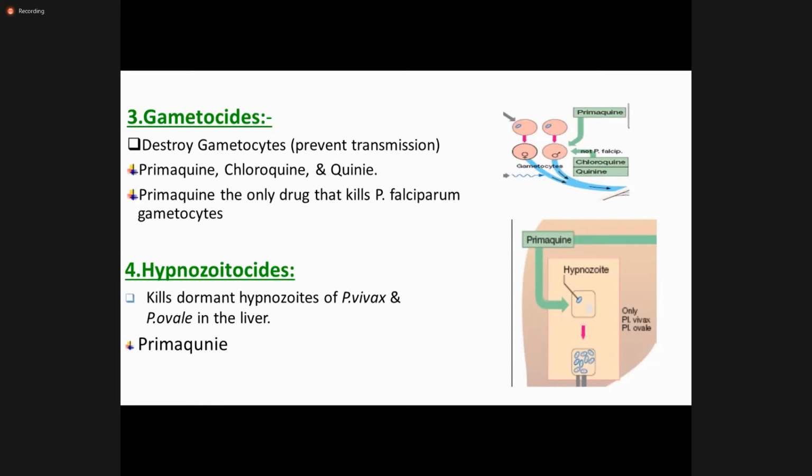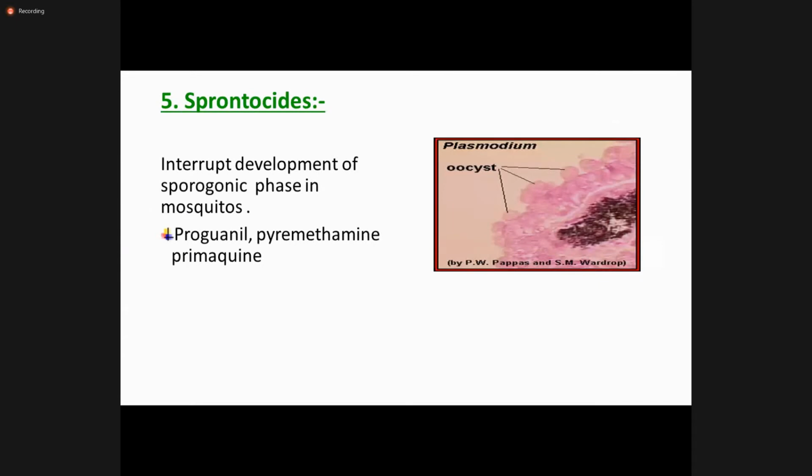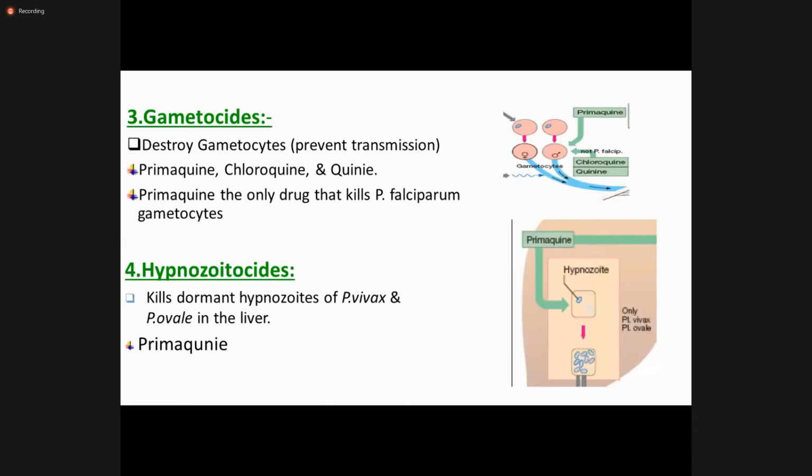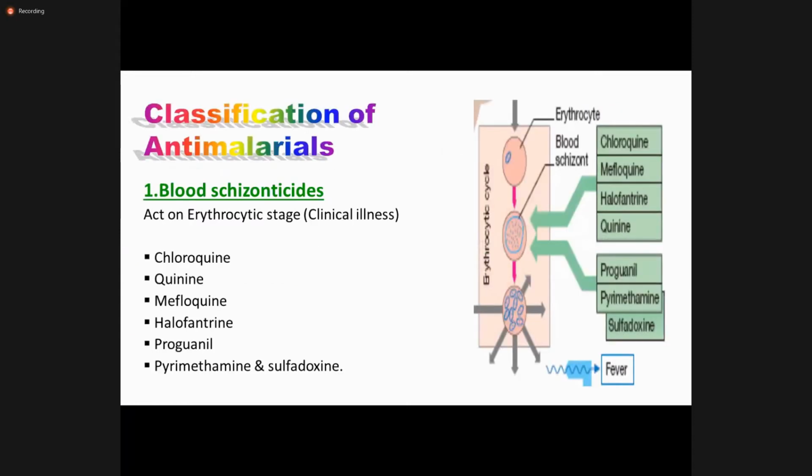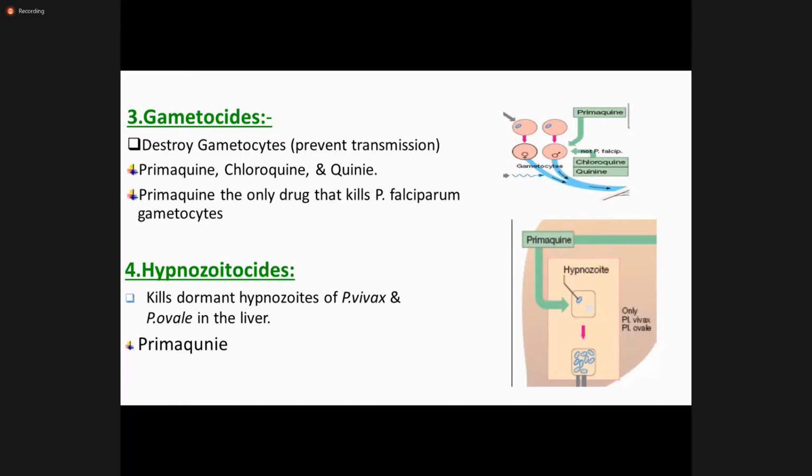And again, the sporonticides are also not of much importance. These drugs are effective in the mosquito, which is not a primary concern. So sporontocides and gametocides serve prevention, whereas the main drug we focus on is the blood schizonticide to stop the clinical symptoms. And even if the clinical symptoms have been masked or stopped, we give the hypnozoiticides so that there will not be a relapse.